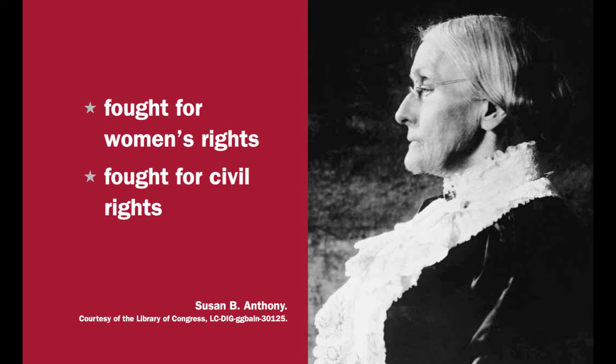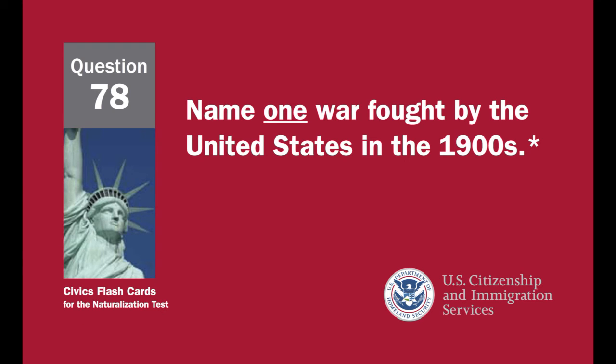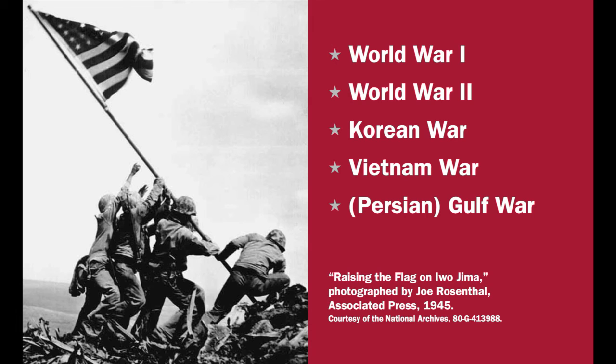Fought for women's rights. Fought for civil rights. Name one war fought by the United States in the 1900s. World War I, World War II, Korean War, Vietnam War, Persian Gulf War.